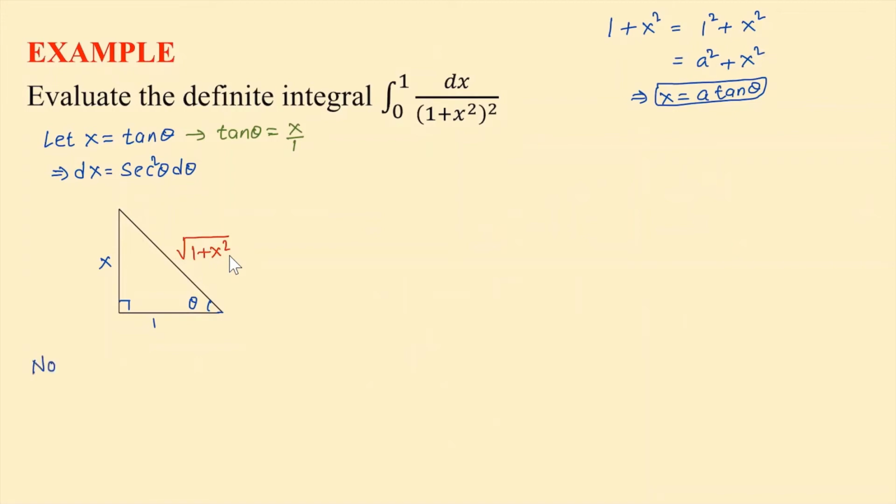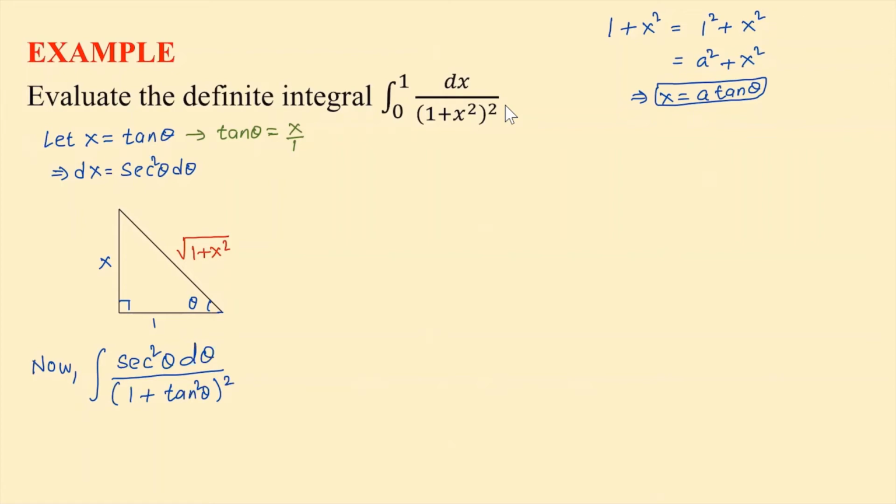Now if we try to substitute, we have dx in the numerator. dx is secant squared theta d theta, divided by 1 plus x squared. x is tangent theta, and the square of that will be tangent squared theta. And then there is the quantity squared.